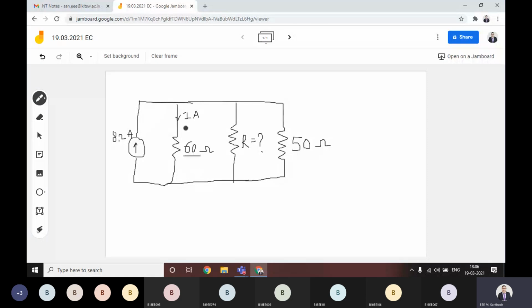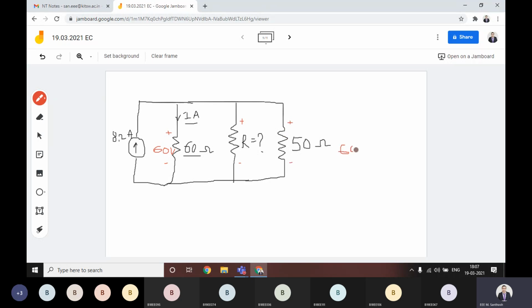The resistance and the current you have, so directly you can write the voltage across this particular resistor, which is equal to 60 volts. If this is 60 volts, then across this resistor also 60 volts, across this one also 60 volts.